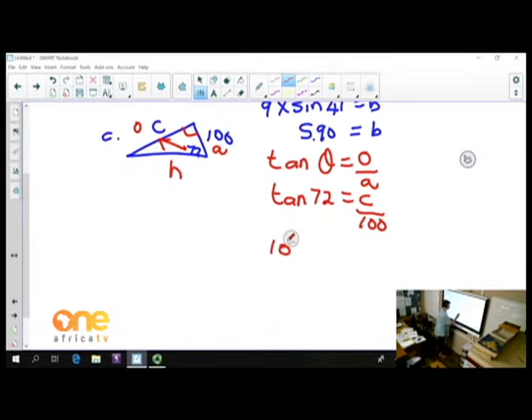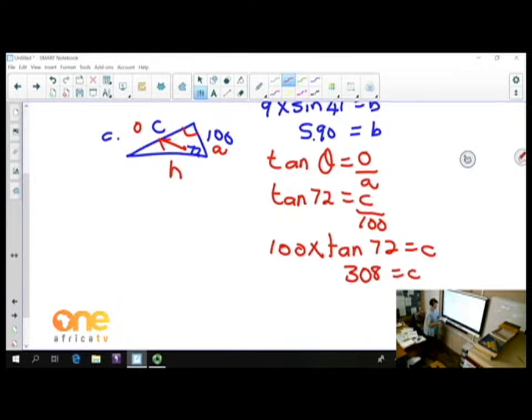So it is 100 times tan 72 is equal to C. Using your calculator now, 100 times tan 72 is equal to, and I got 307, it will round off to 308. 308 is equal to C.